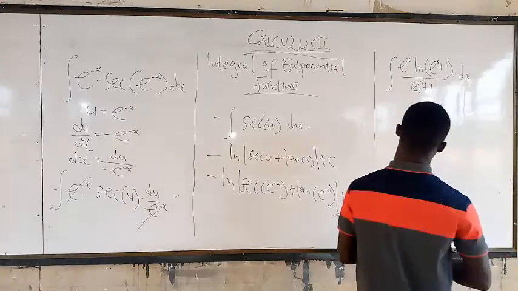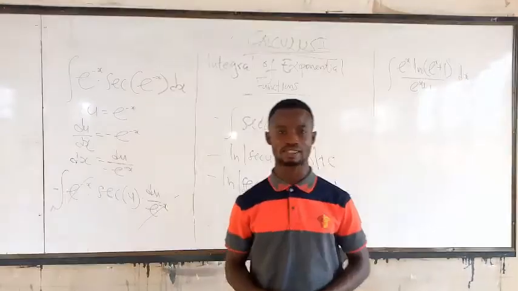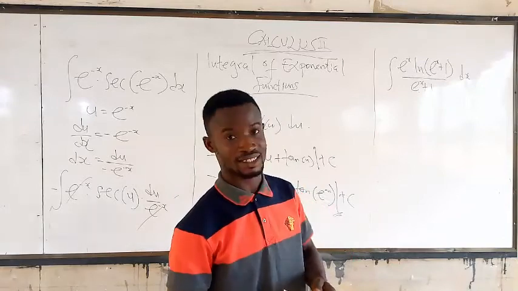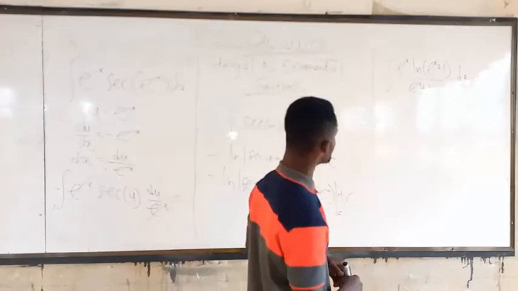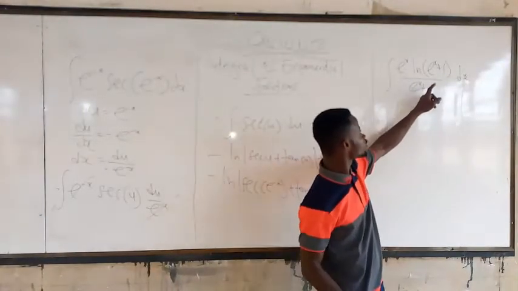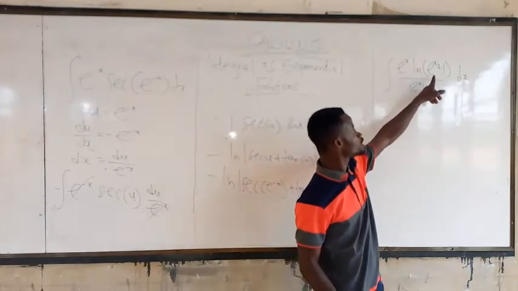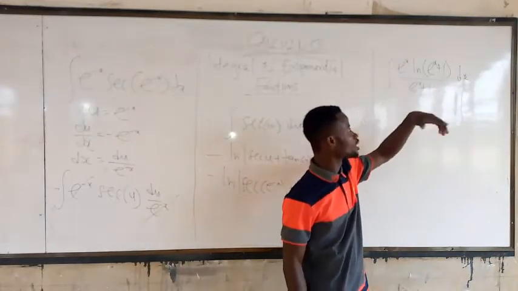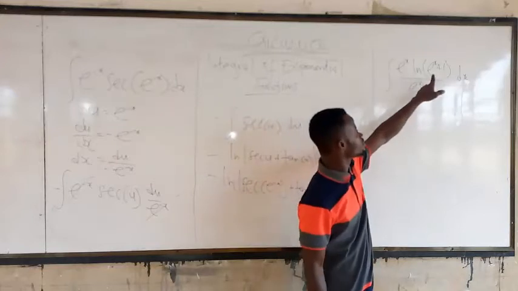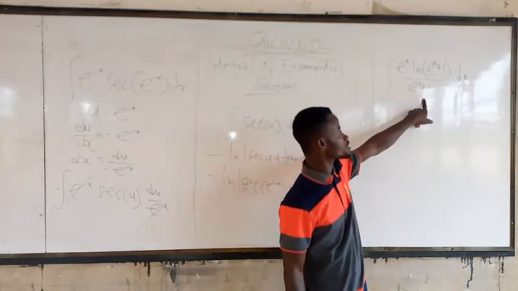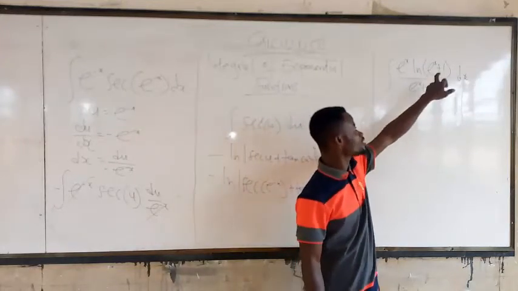Here, even though you have the concept that the u is always inside of something, if you set u to be equal to e raised to power s plus 1, you cannot say that here is e raised to power s plus 1, here is e raised to power s plus 1. So you are letting here and here be equal to u.